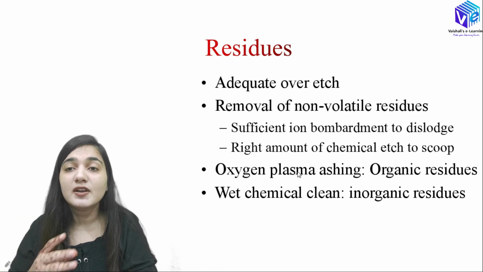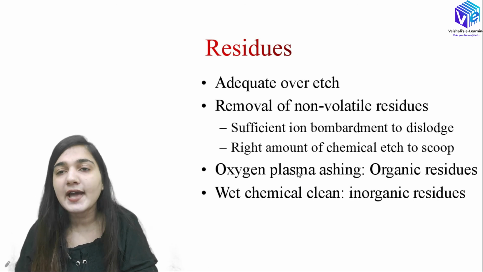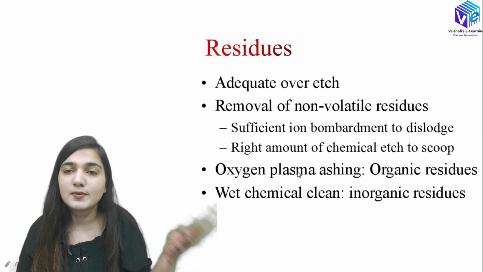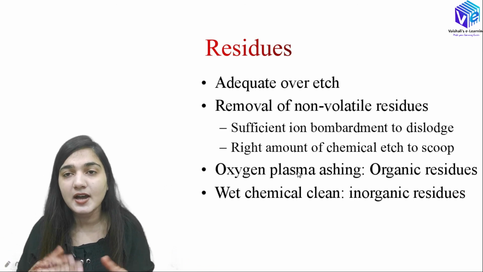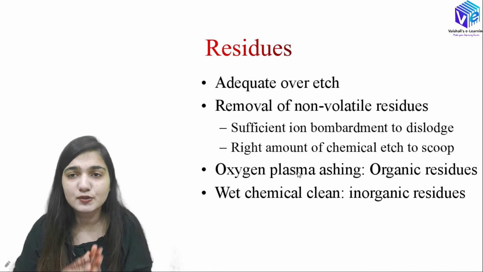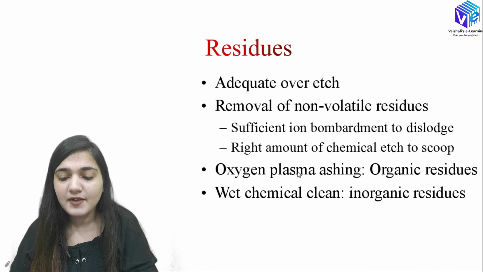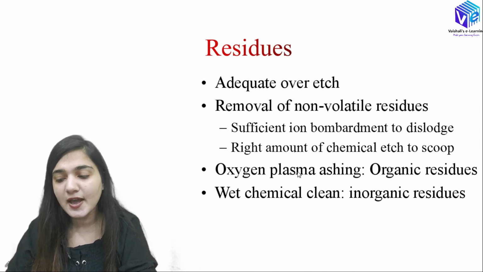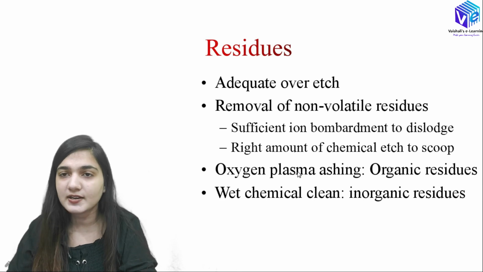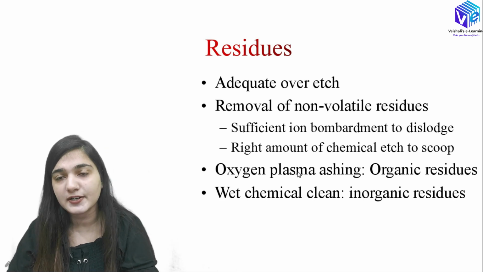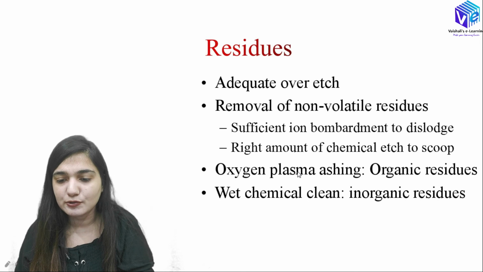Oxygen plasma etching will be reacting with the organic residues. Organic residues will be reacting with oxygen to make carbon dioxide or water vapors. So both of them are volatile and they will be evaporating out. Then I will be using the wet chemical cleaning. So it is used for the inorganic residues, as the inorganic residues cannot be easily converted into volatile residues.